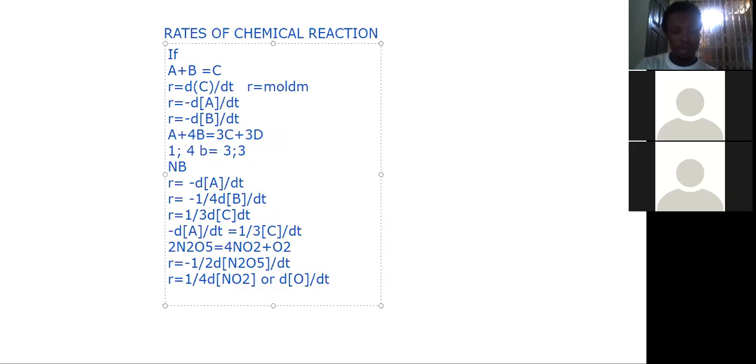So that will be mole per dm cube per t. If it is hours, you write hour. If it is second, you write second. So per second. So that will be the unit. There's the time because it is per dt.